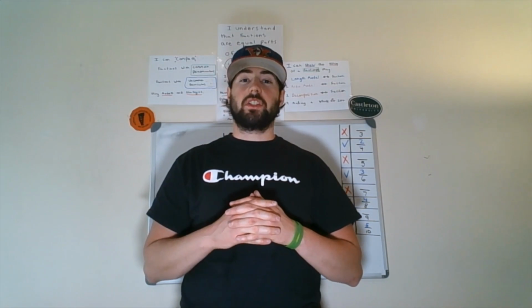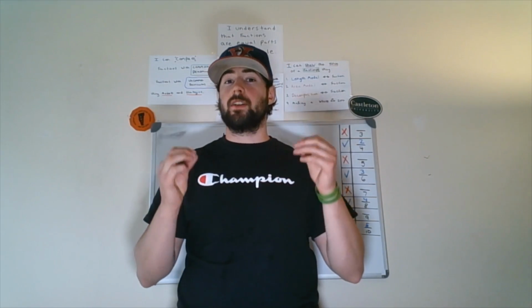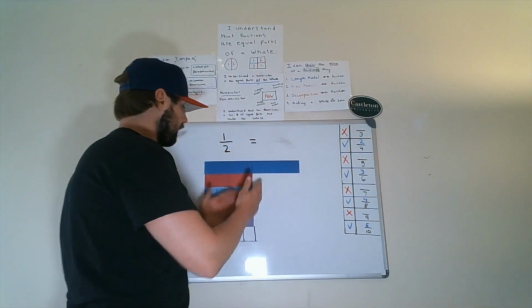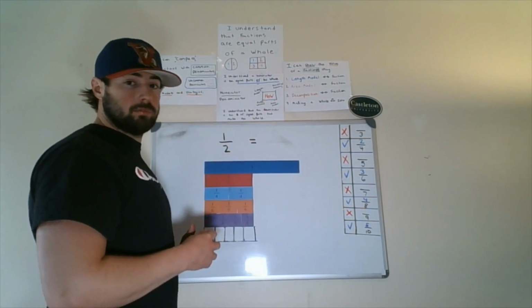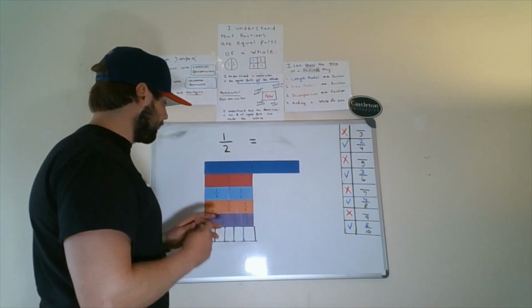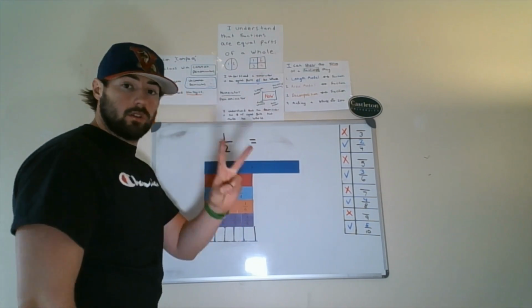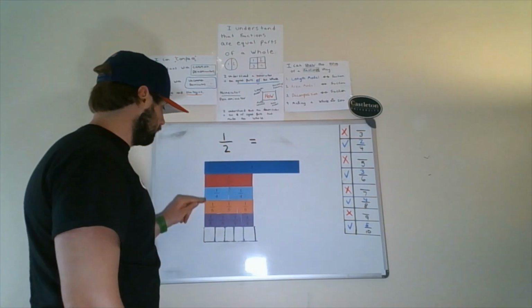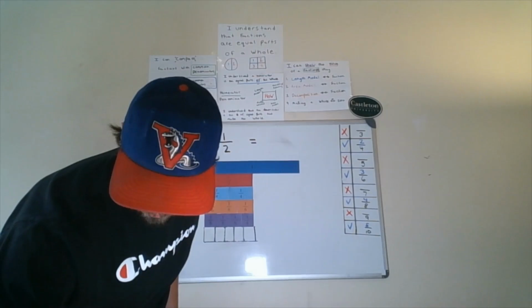Wow, that was a lot of exploring. We did a lot of partitioning. We did a lot of modeling. Taking a look at our model, we found, looking at all those small parts all the way to tenths, that equivalent to 1/2 is 2/4. Equivalent to 1/2 is 3/6.